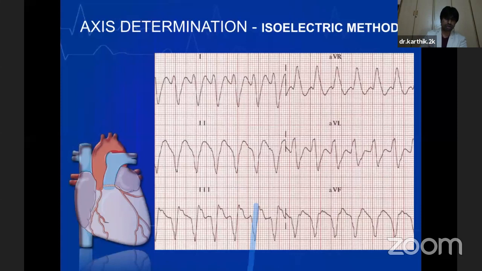AVL being minus 30, your axis is somewhere around minus 120 degrees. When it is minus 120 degrees, it is the northwest axis. So it's an extreme axis deviation, which helps in identifying certain arrhythmias like ventricular tachycardia, when you cannot differentiate between a ventricular tachycardia and an SVT with aberrancy.